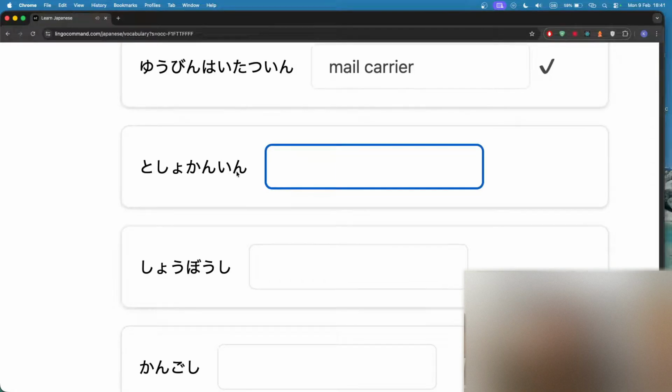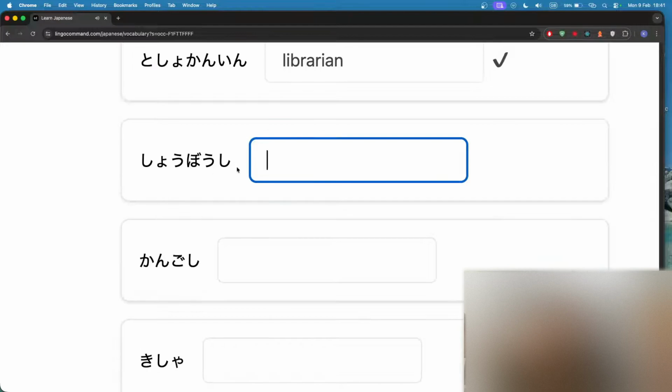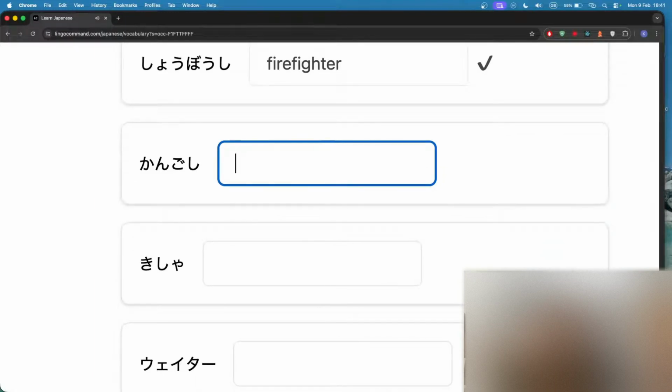And then this one, Toshokanin. So Toshokan means library. Toshokanin, I guess, is somebody that works in a library. A librarian, right? This is Shoboshi, a firefighter. Kangoshi is a nurse.